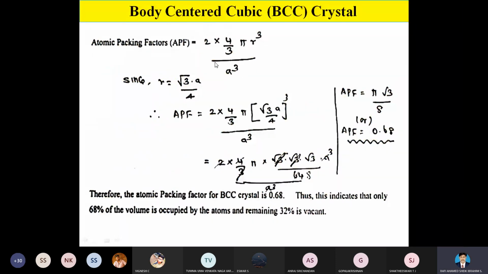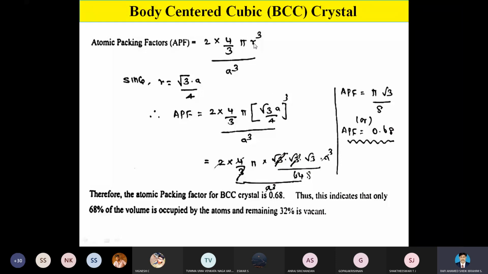To solve the above condition, here we have r square and here we have a square. So this r is converted into a by substituting the radius value, since we know that r is equal to root 3 a by 4. Substituting the value of r, we get APF is equal to 2 into 4 by 3 pi.